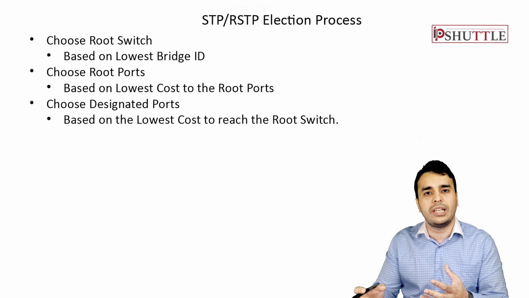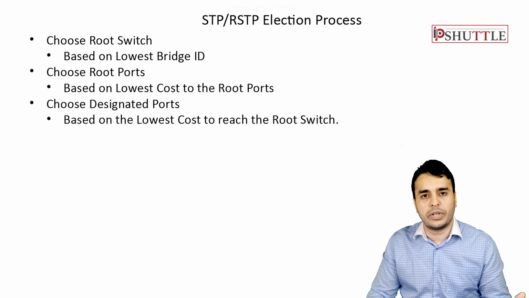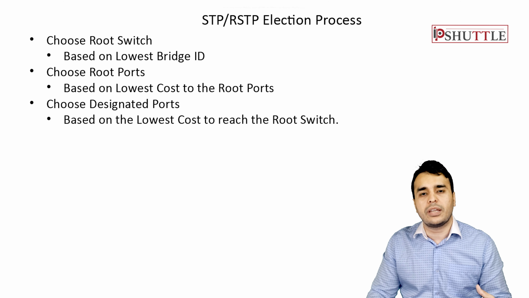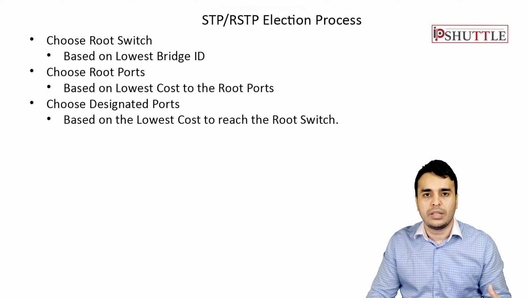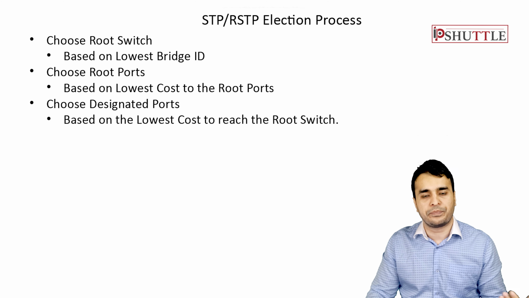Which one have the least cost to reach the root bridge? That will become root port. Then it will be creating an election for each LAN segment to select the designated ports. These designated ports will offer the least cost to reach the root bridge.